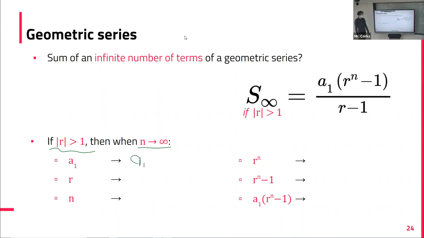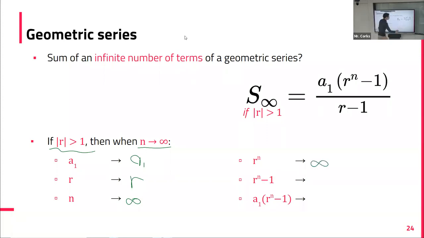What happens to the R value? Nothing. It's just R, and n is approaching infinity. That's the easy part. So R to the exponent n as n approaches infinity will approach infinity.